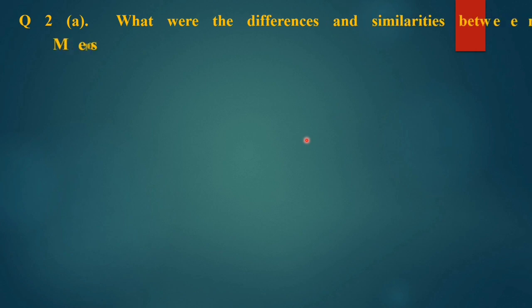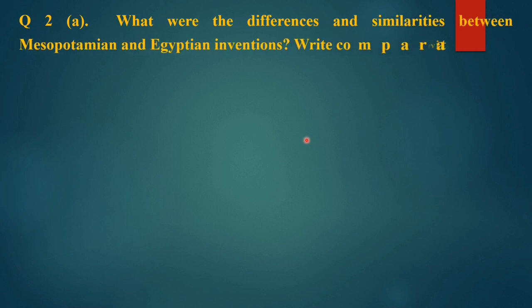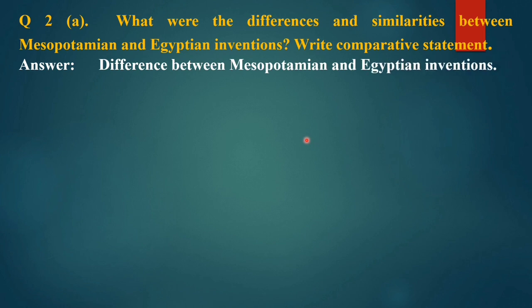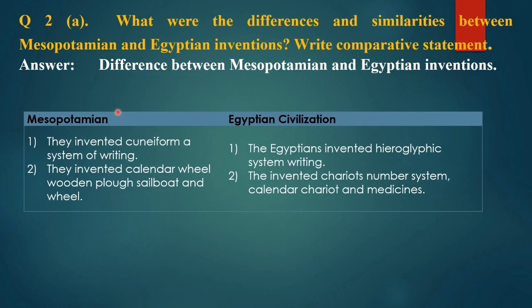Question number 2, part A. What were the differences and similarities between Mesopotamian and Egyptian inventions? Right, comparative. Difference between Mesopotamia and Egyptian inventions. Mesopotamians invented cuneiform, a system of writing.